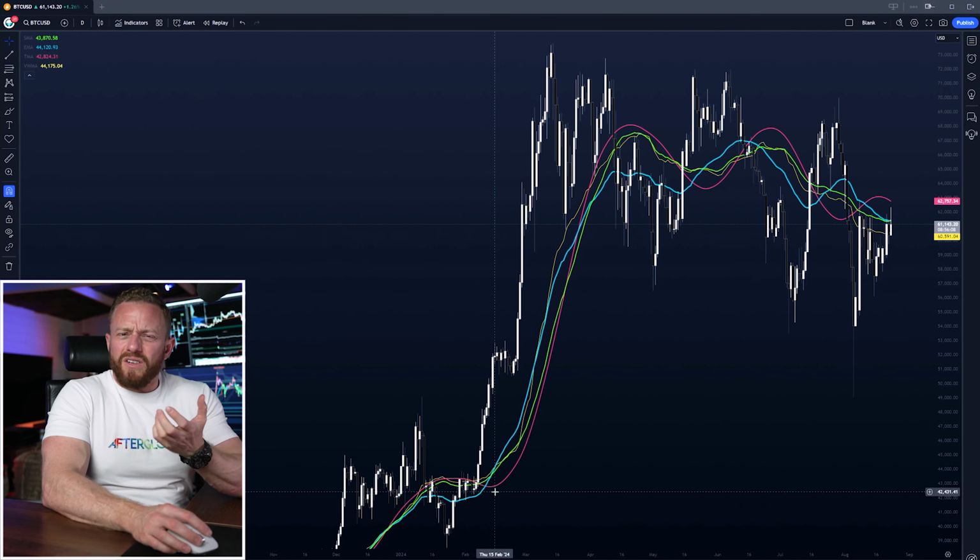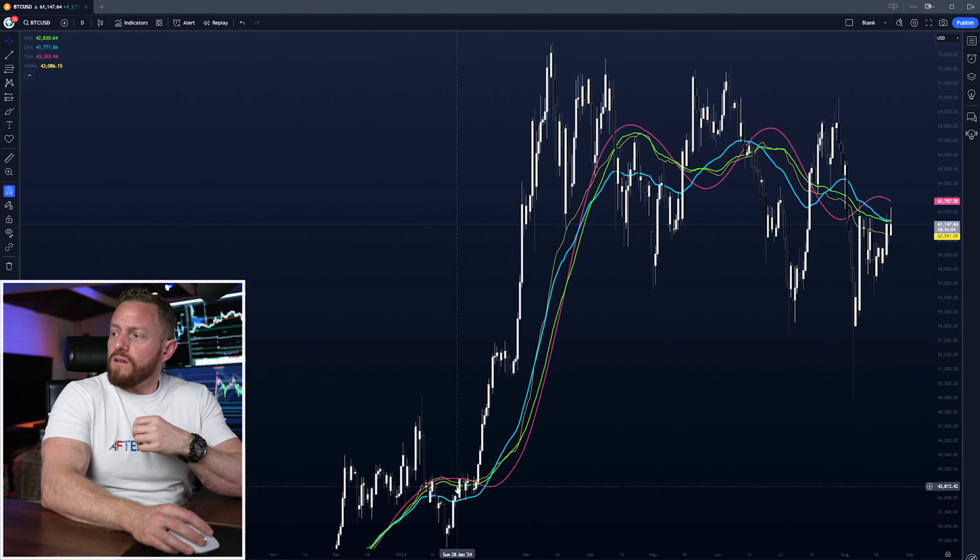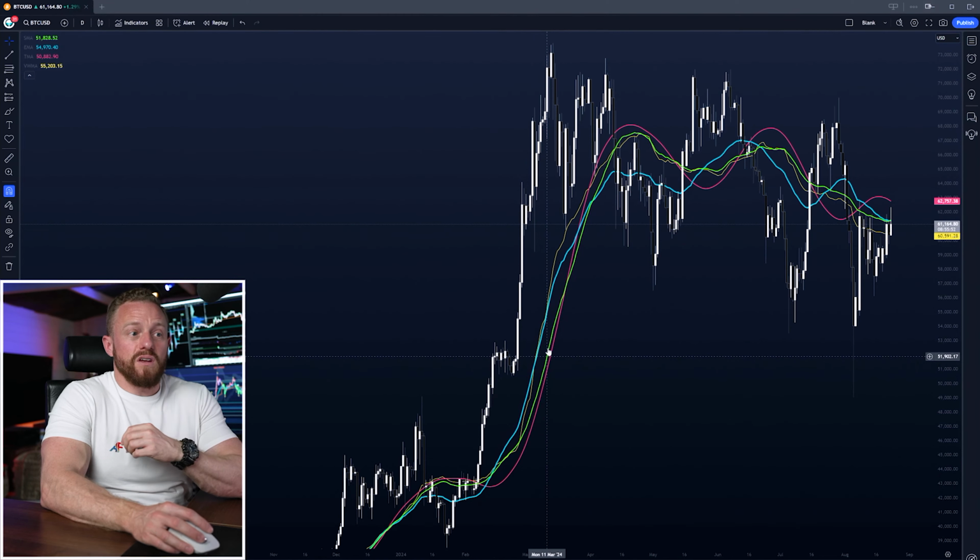Would it have actually changed what you would have done with the trade setup when this upwards trend started and price started clearly trending upwards? All 4 of those moving averages are basically showing you the same thing.